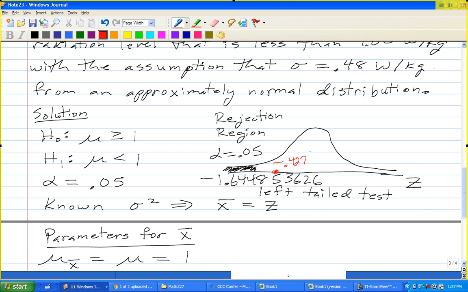Here's the rejection region over here. It's not in the rejection region. So I do not reject the null hypothesis.